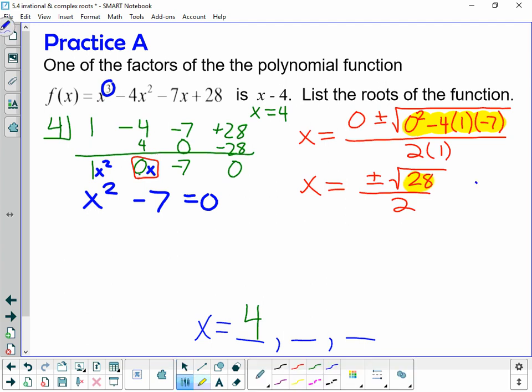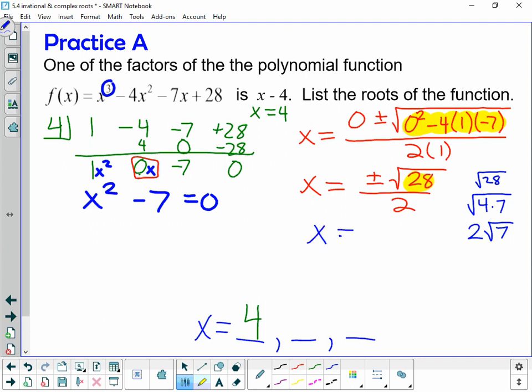And we need to think about that root 28 and how to simplify it. Well, 28 is the same as 4 times 7. We know the square root of 4 is 2. The 7 gets left inside the root.